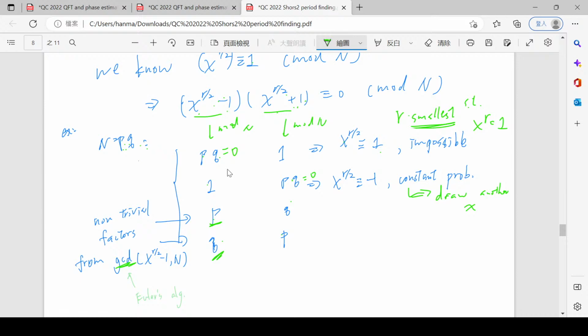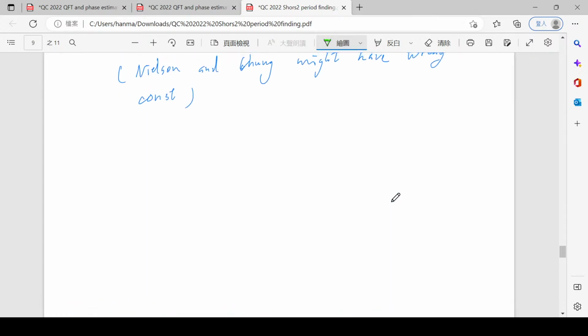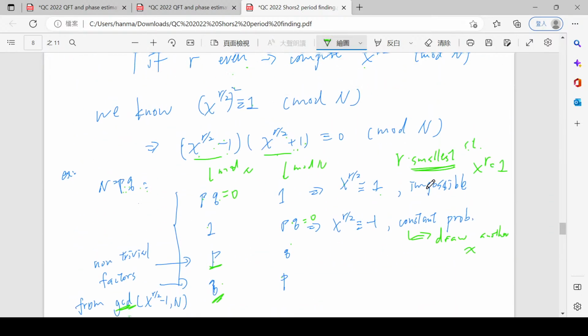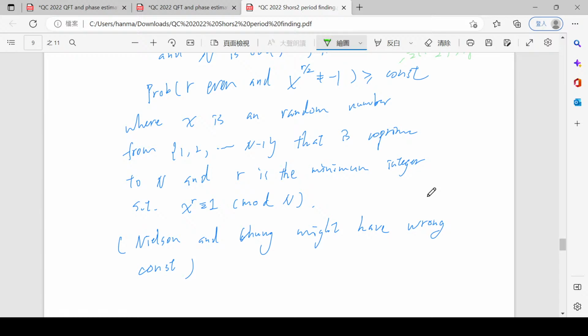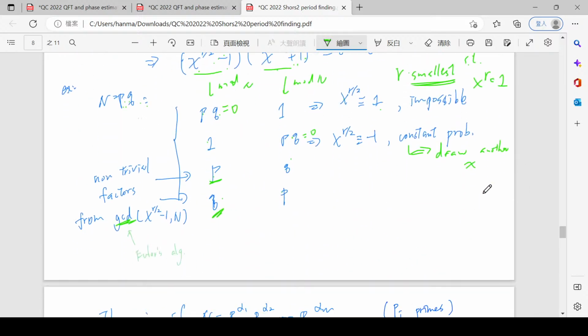Okay, and we have 1 minute. So this is another theorem we will not prove, but I will state. This theorem is about this part being constant probability.